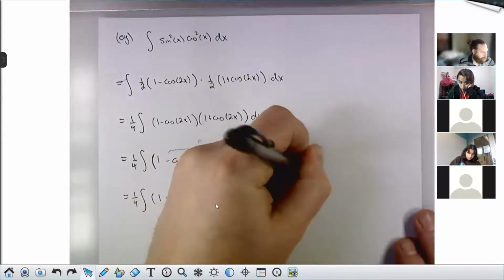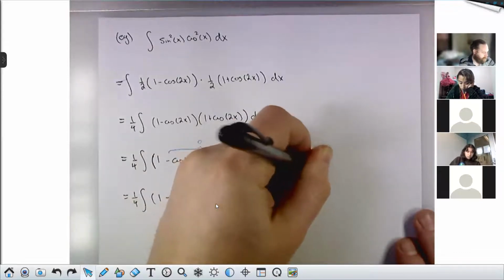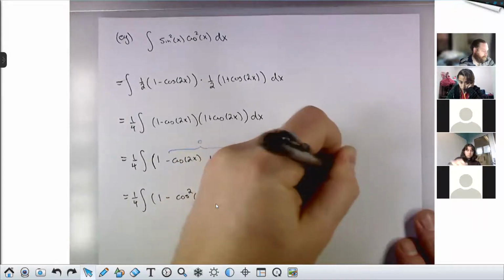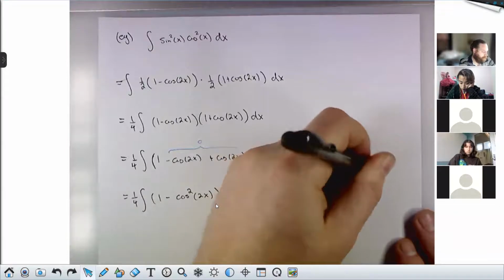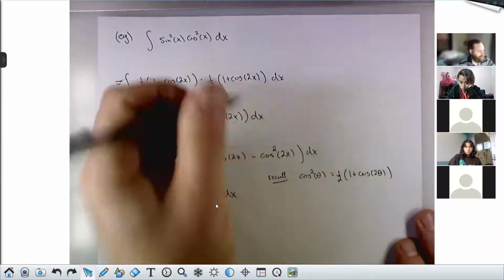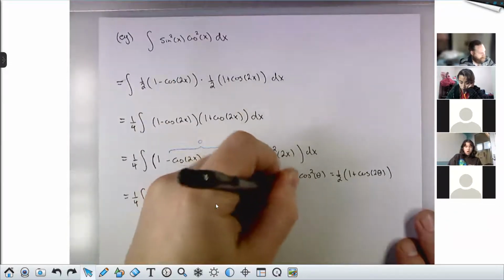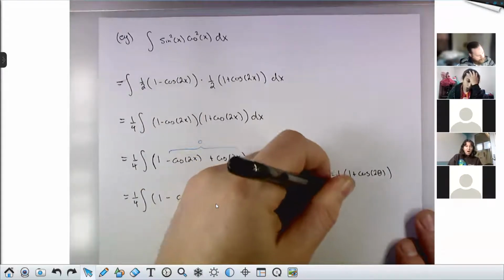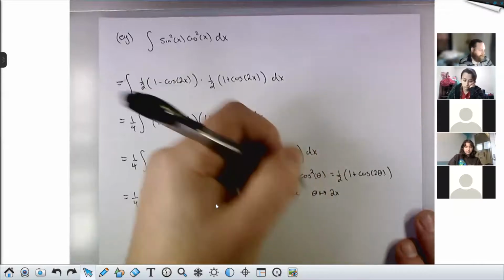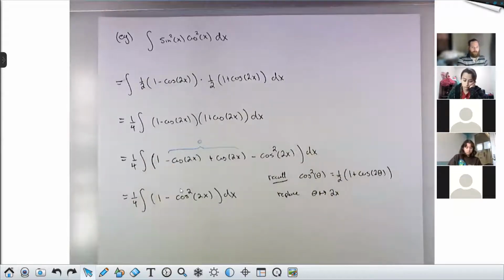which I will write here in terms of theta. Cos squared of theta is 1/2 times 1 plus cosine of 2 theta, and replace theta by 2x. Because what I have here is a cosine squared of 2x that I need to clean up.